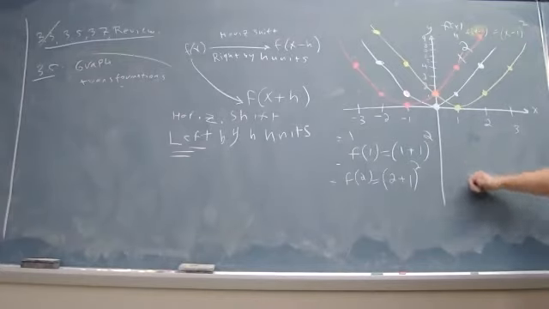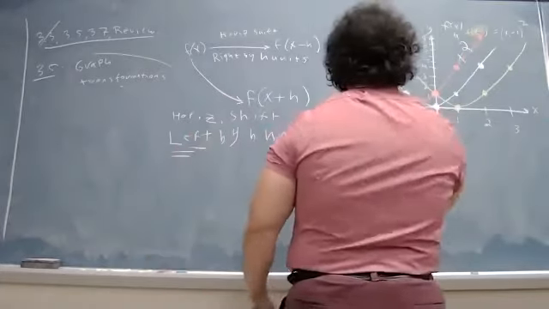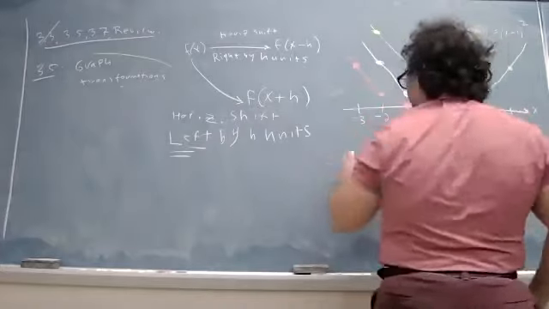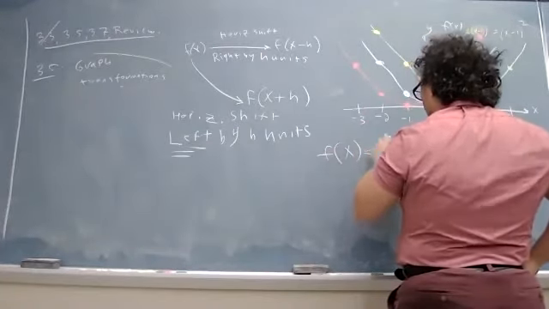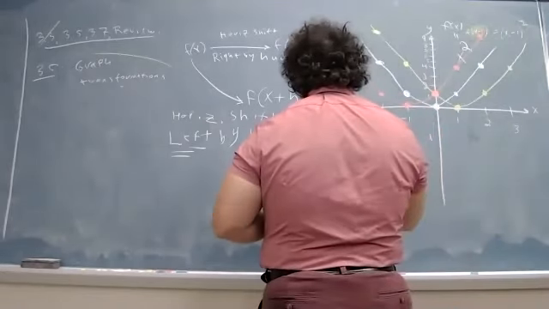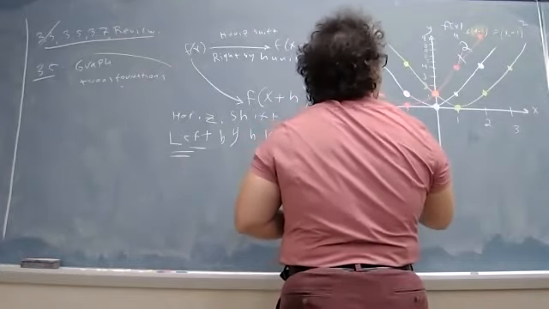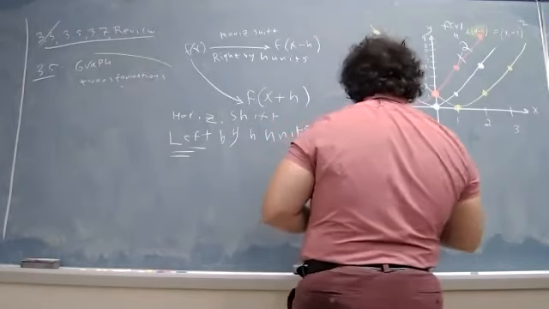As we've shown here, using the example f of x is equal to x squared. Recall, f of x is equal to x squared. Then our yellow function is actually x minus 1 quantity squared, right? That's what it's equal to.